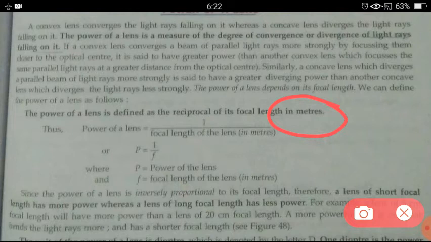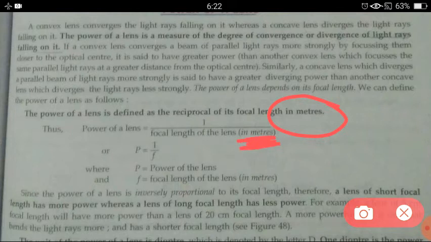Is it clear? When you write the formula of power, just don't write 1 upon f, 1 upon focal length. You have to mention that it is 1 upon the focal length of the lens in meters.